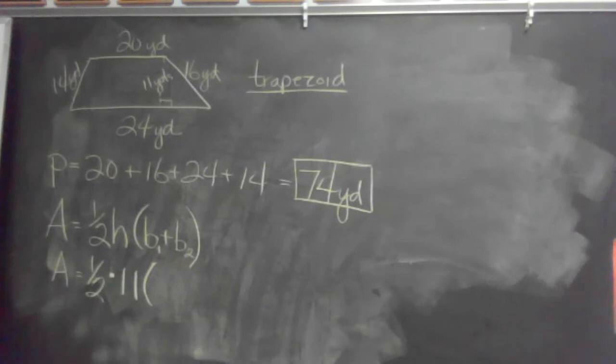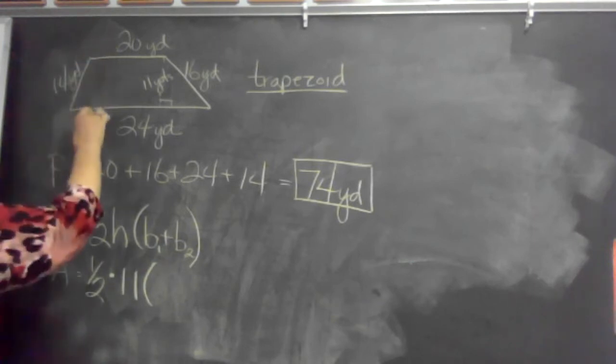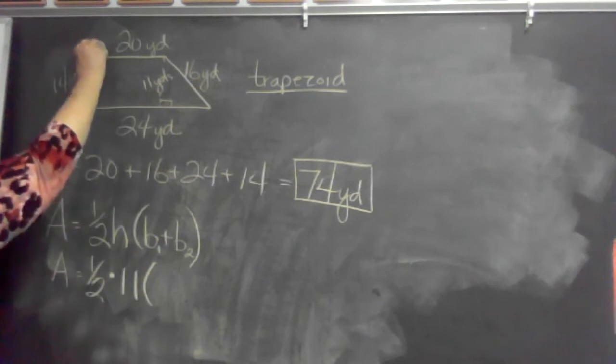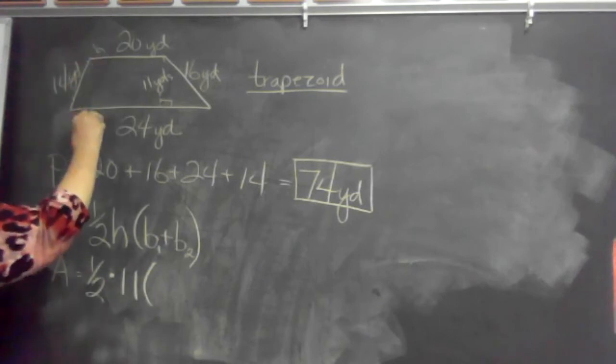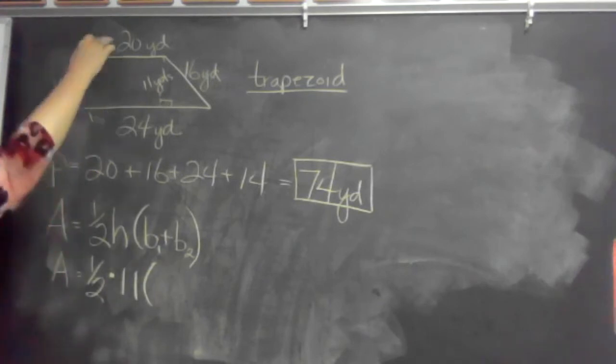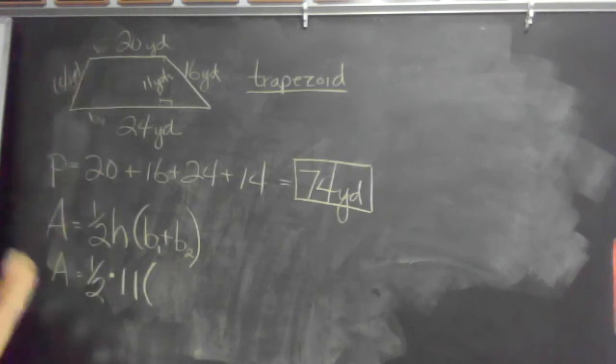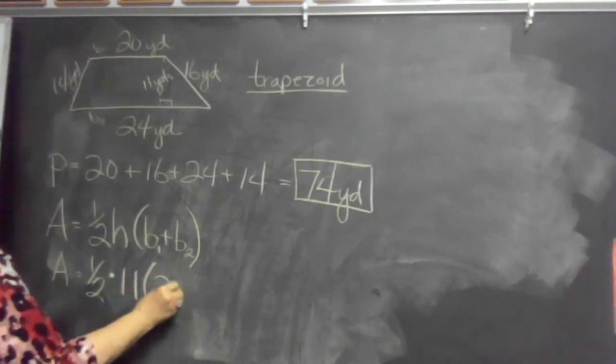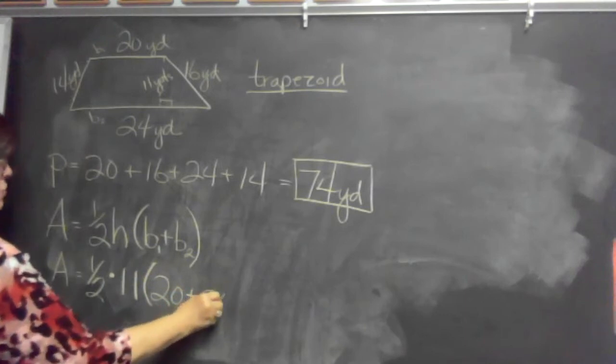Okay, now the base 1 and base 2, you would assume, and you would have assumed right. They're the two parallel pieces. You can call one of them base 1, base 2, doesn't matter, as long as you're adding the bases together. Okay, so 20 plus 24.